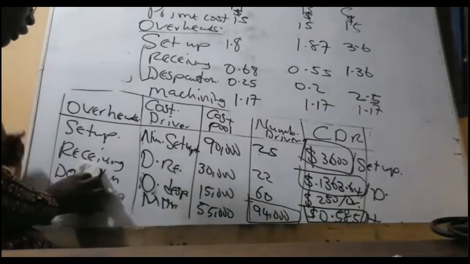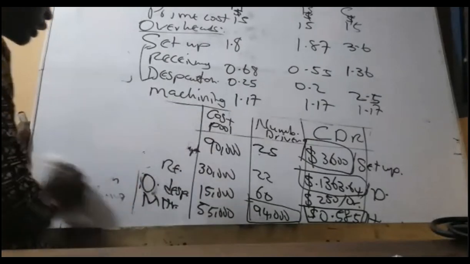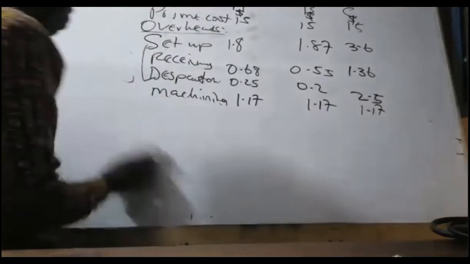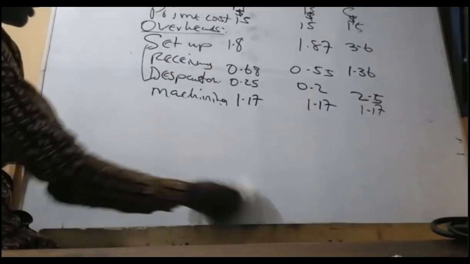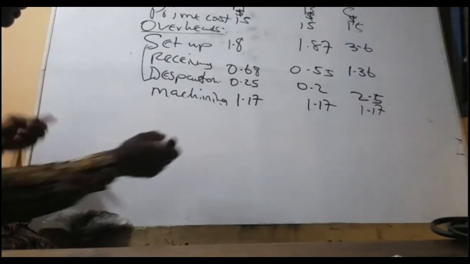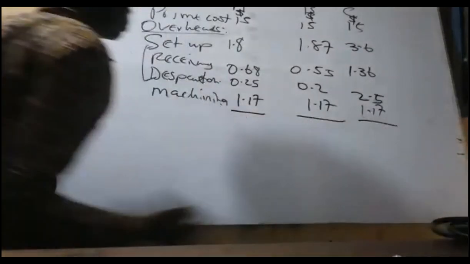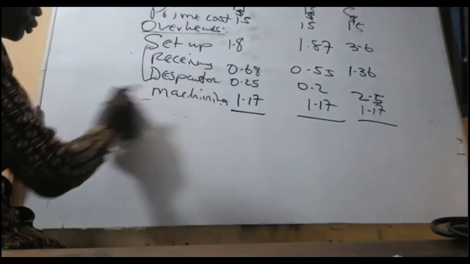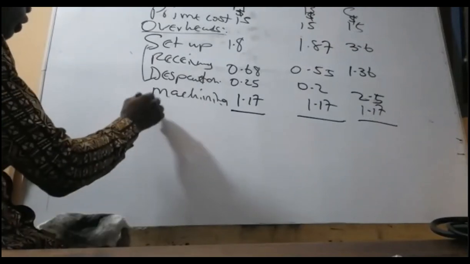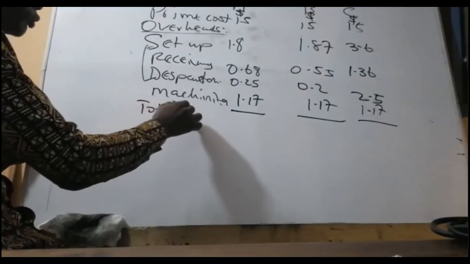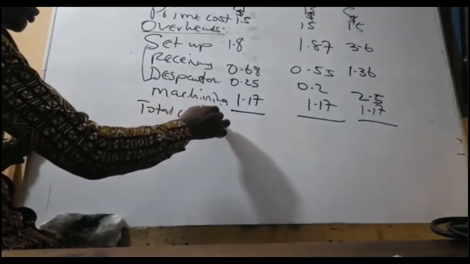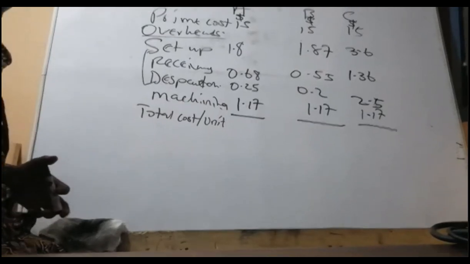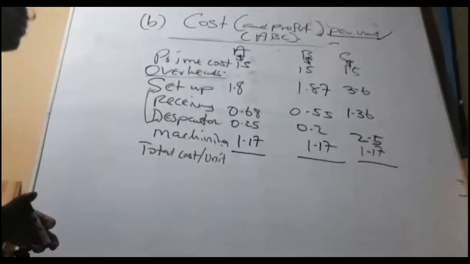Now we are done with this table, so I can take off this table. Then you total them. So total cost per unit. You have to start adding from the prime cost.